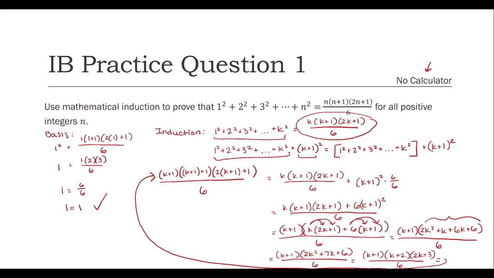So we can see here this would be the n times n plus 1 times 2 times n plus 1, all over 6. So because it holds true for k plus 1, that means that it's going to be true for every positive integer n. So we've proved this here.